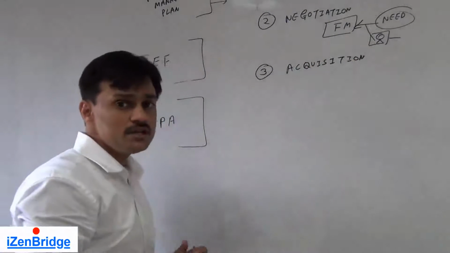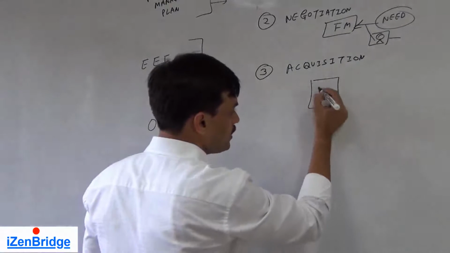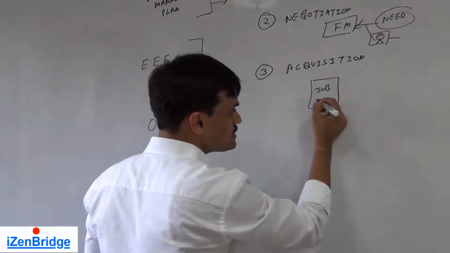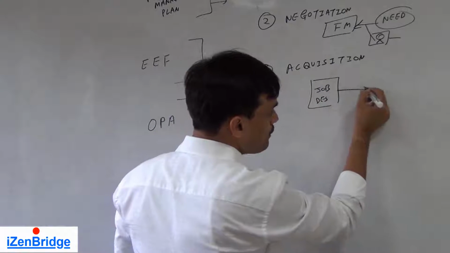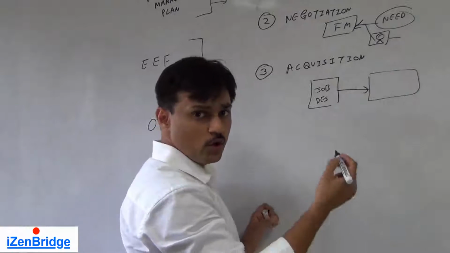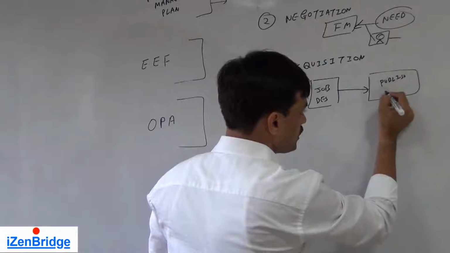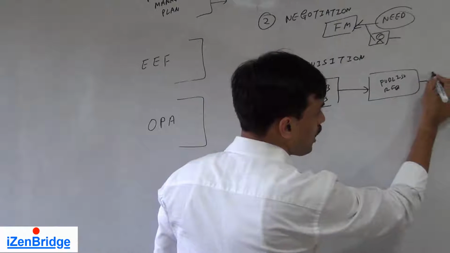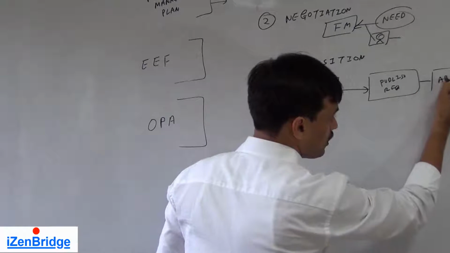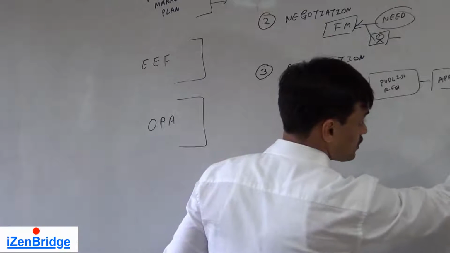Now acquisition is a process which starts from identifying, say, job details, vacancies, description. Then you will publish these details in various channels, maybe over internet or over newspaper. You will publish the requirement, then people will apply for it, and then you need to follow a selection.